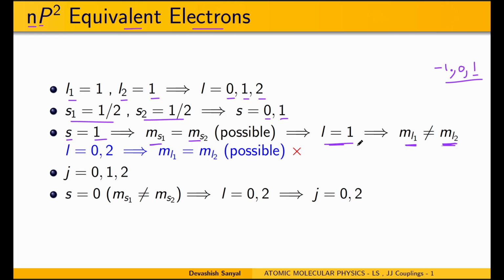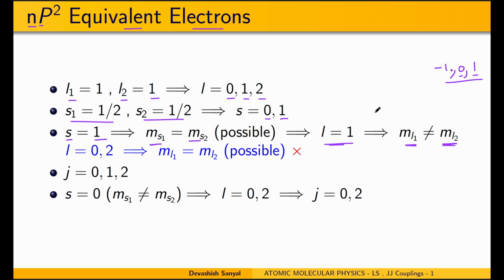So like that you can satisfy yourself that for L is equal to 1, ml1 is not equal to ml2. Like 0 you can obtain when one electron has z component plus 1 and the other one has z component minus 1.